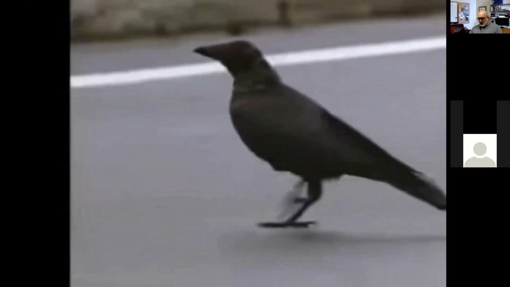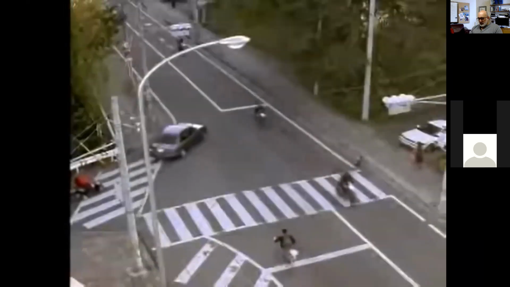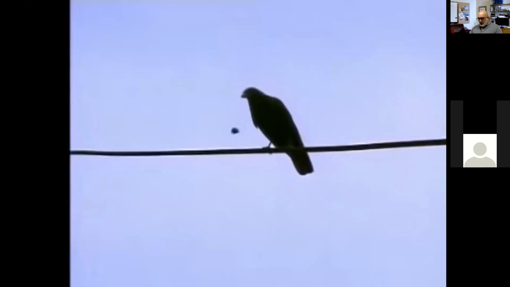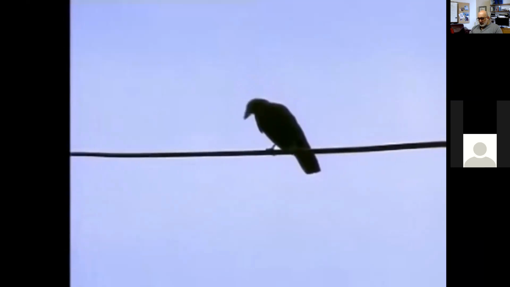Problem now is collecting the bits without getting run over. So some birds have refined their technique. They station themselves beside pedestrian crossings.